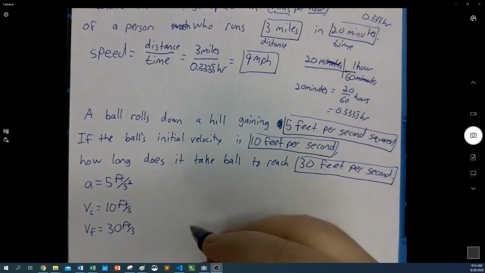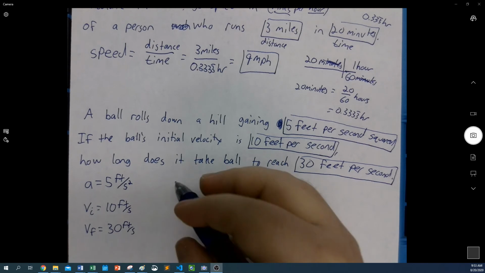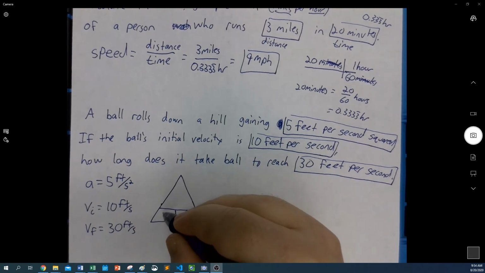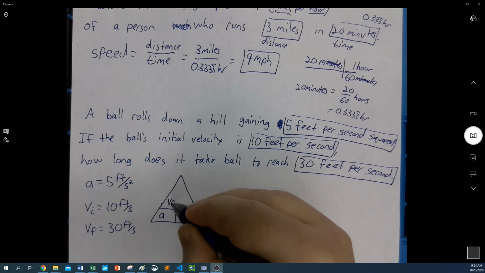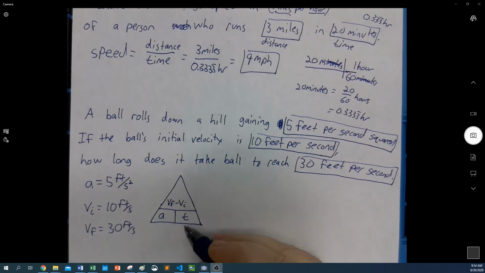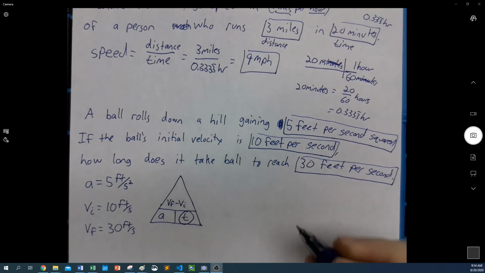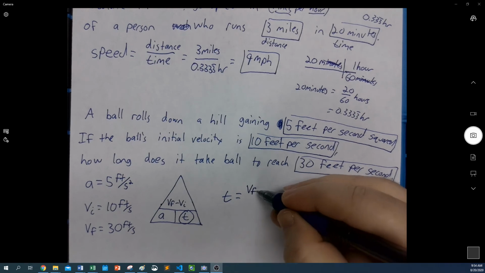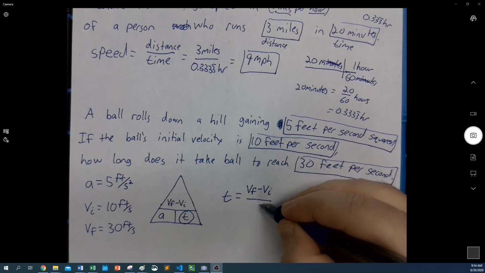So we know that our equation for acceleration is equal to final velocity minus initial velocity over time. We're solving for time. So time would equal final velocity minus initial velocity over acceleration.